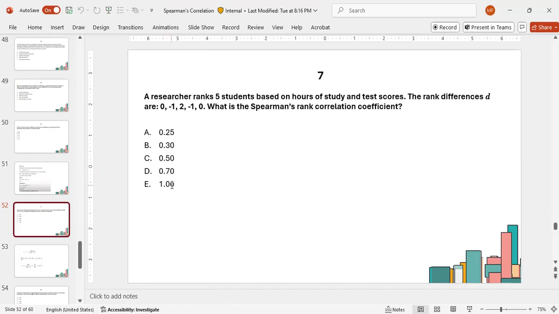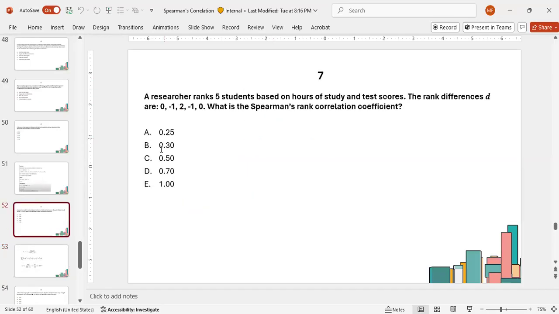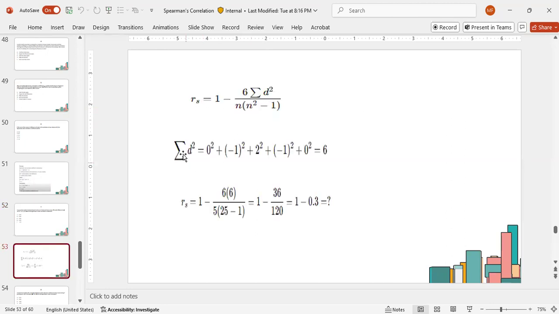I'll show you the calculations again because we are running short of time. This is the formula and you are given the values of these differences. The differences were 0, -1, 2, -1 and 0. You will have to find the square of these differences and sum: 0 square, -1 square, 2 square, -1 square and 0 square. After adding all of these squares, you get the final value of 6.